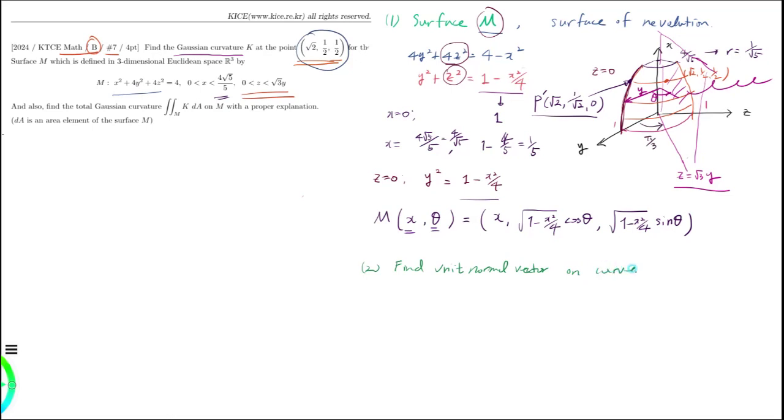On the curve y equals this generating curve, 1 minus x squared over 4, since we parameterized this surface capital M, we take a partial derivative with respect to x and we'll have 1/2 times 1 minus x squared over 4, and its denominator will be minus 2x over 4, times cosine of theta, and its z coordinate will have the same x part times sine of theta.